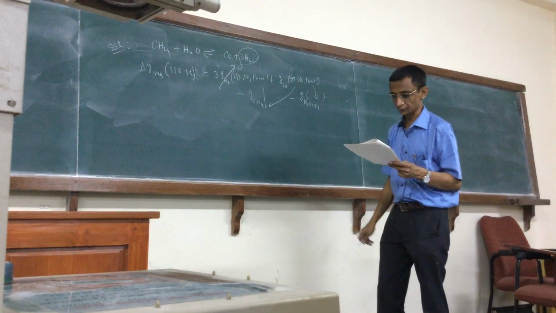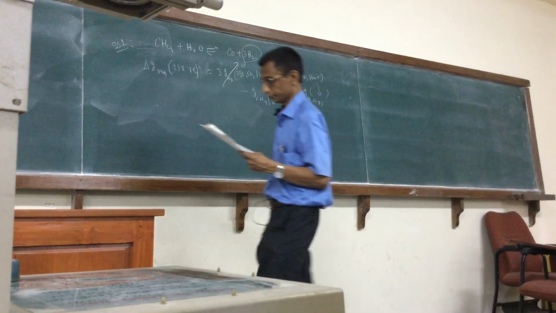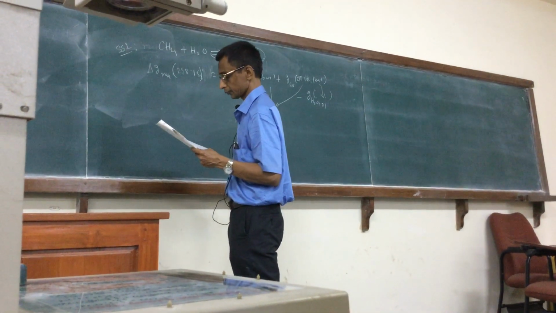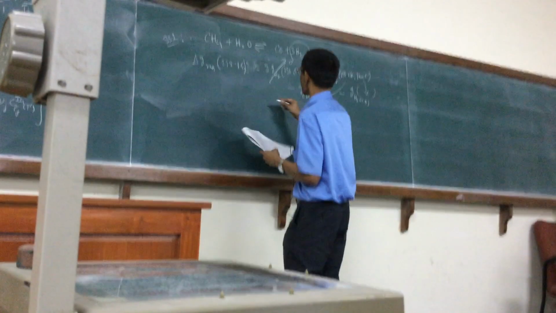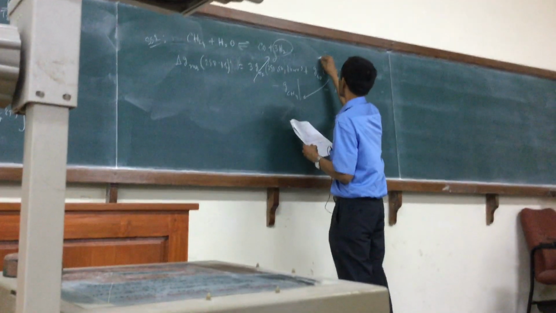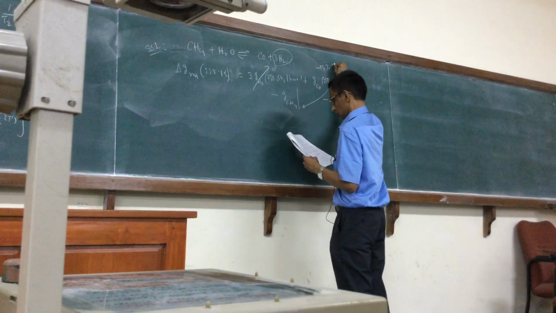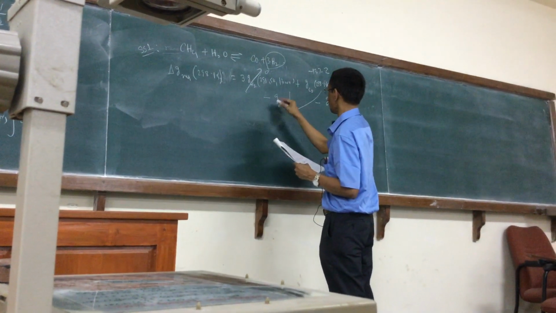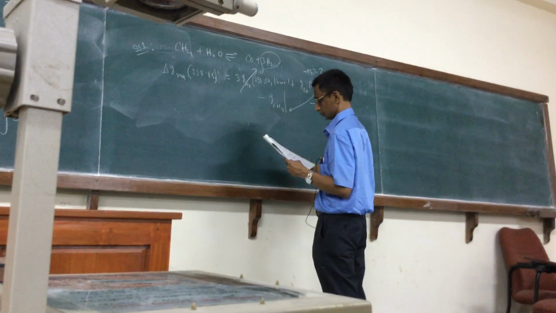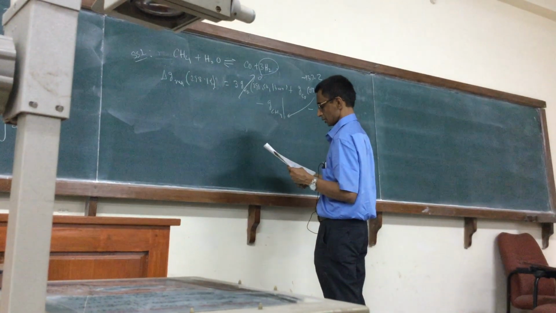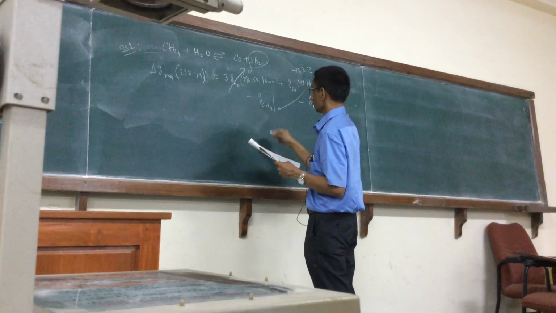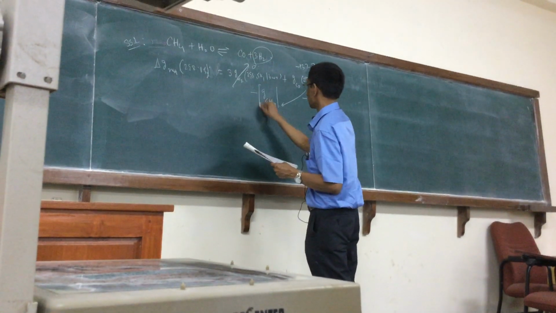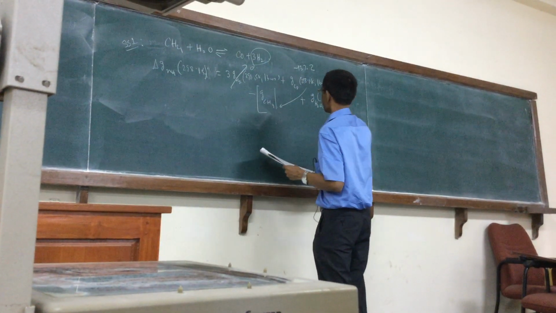So if we put all these values in there, this turns out to be minus 137.2, so there will be many minuses, and minus, so let me put this within brackets.